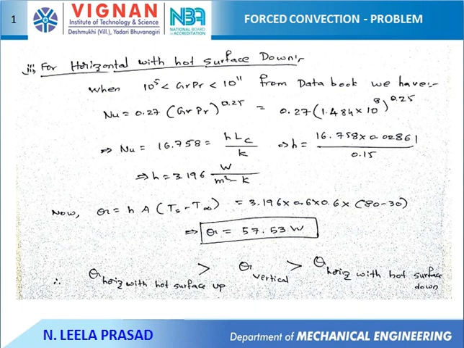Now you can see the heat dissipation in all three cases. So the maximum amount of heat dissipation by natural convection takes place when the bottom surface is insulated and the hot surface is facing up.